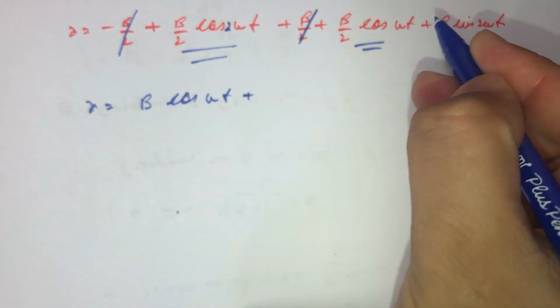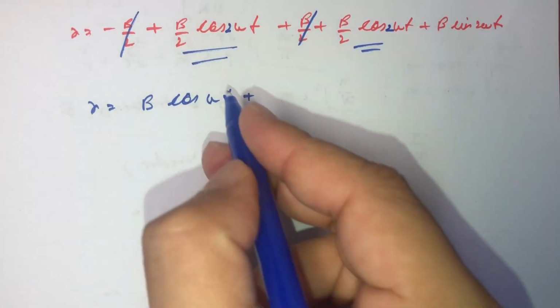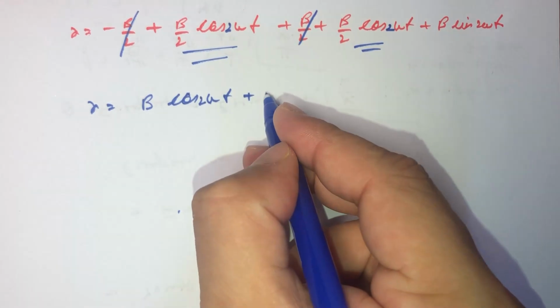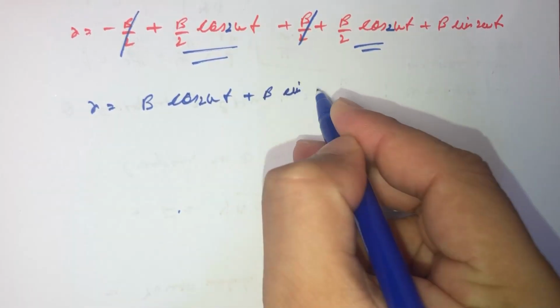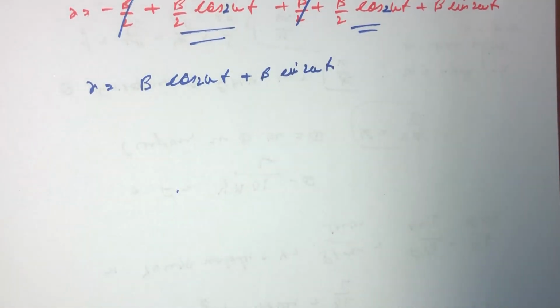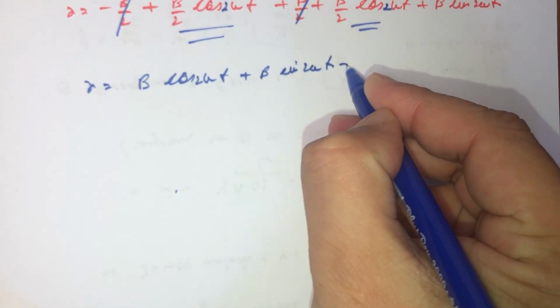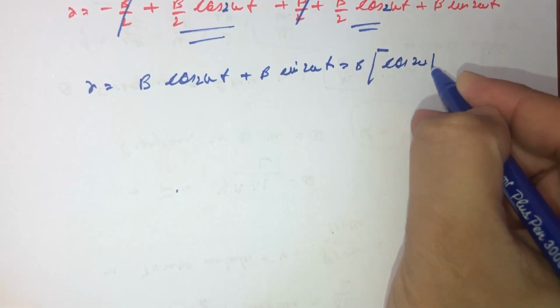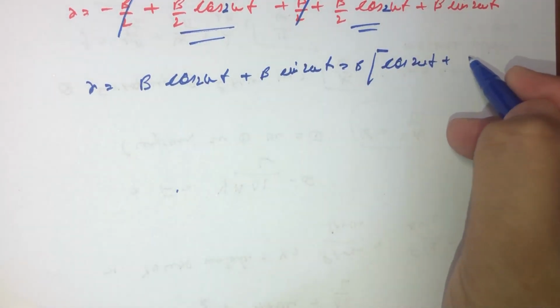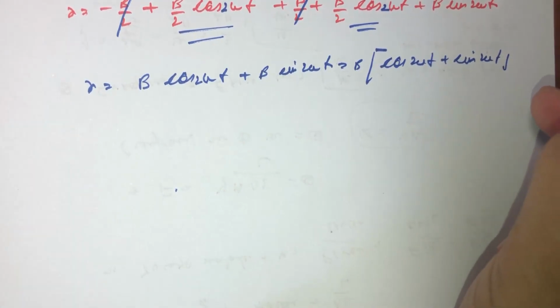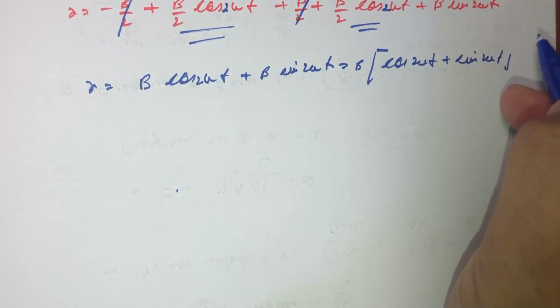This is twice, so this becomes B sine 2 omega t, and we can take B as common. So this will be B, and we have cos 2 omega t plus sine 2 omega t.